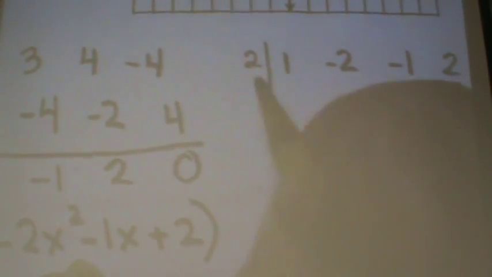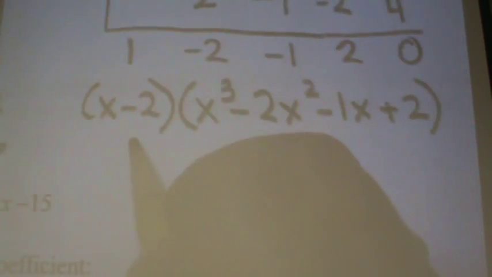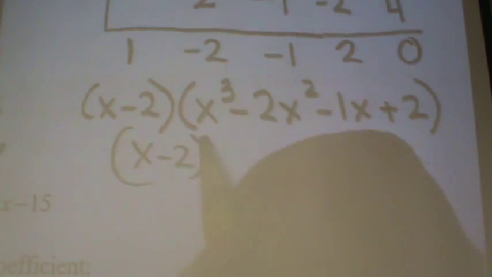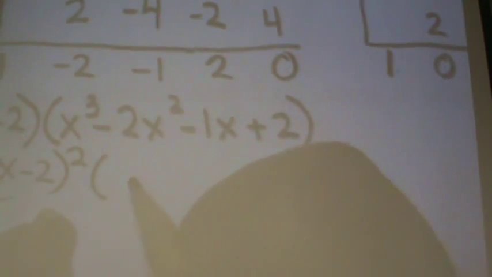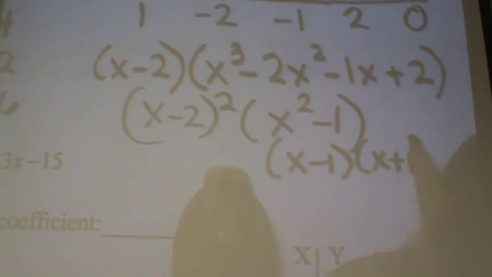Bring down the 1, we get 2, and multiply, add, multiply, and we got it again. So you have x minus 2 quantity squared, so the multiplicity of that is even, and then we have x squared minus 1 left over. And that can be factored to be x minus 1, x plus 1.